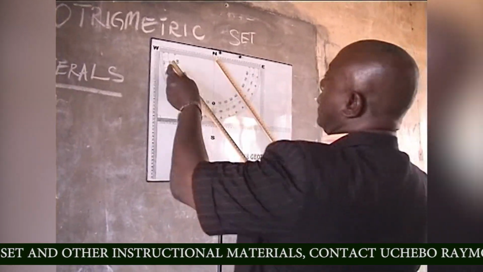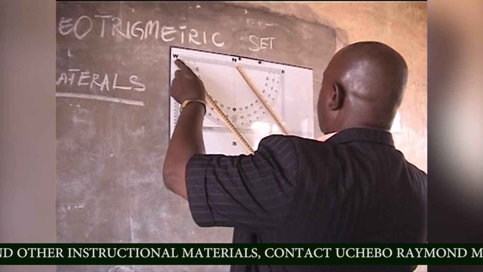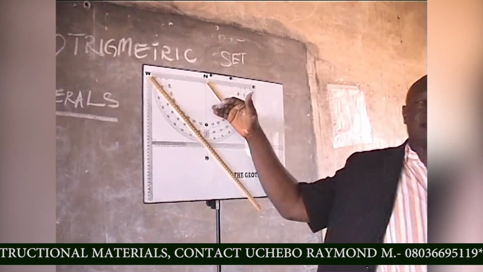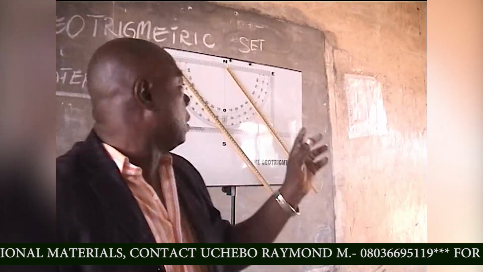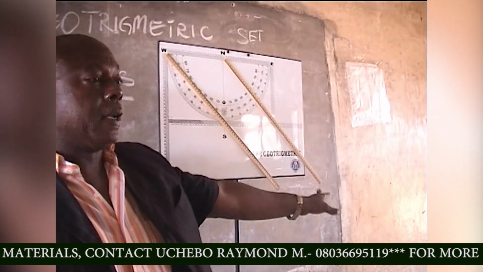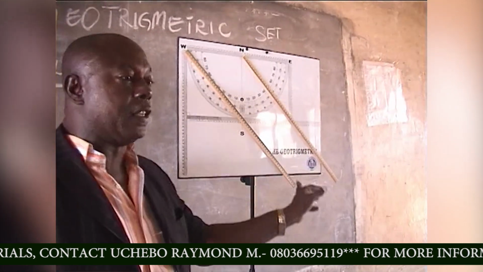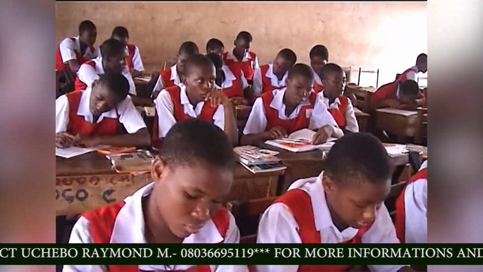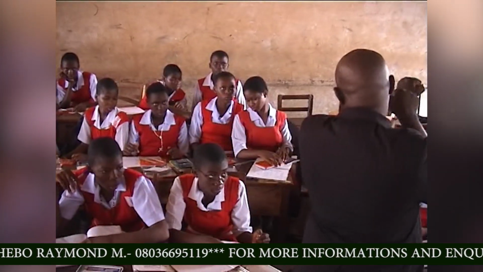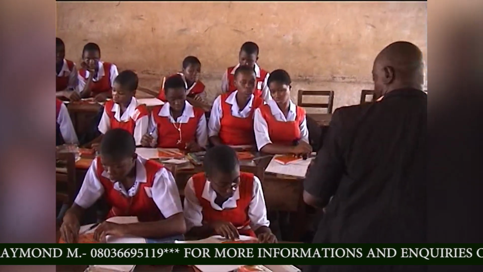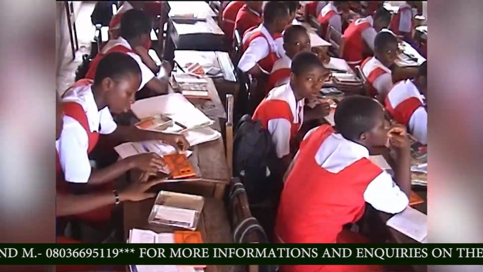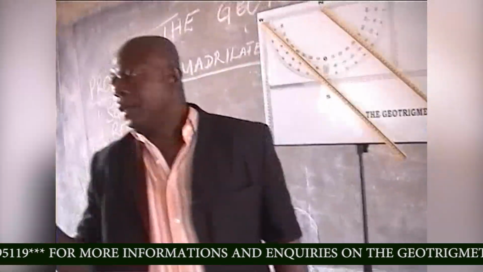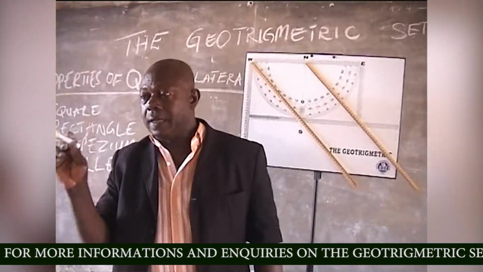Put ruler 7 to form the diagonal. Put ruler 6 to form the diagonal of this square. Put ruler 7 to form the diagonal of this square. Now, if you have formed a parallelogram, opposite angles are equal.